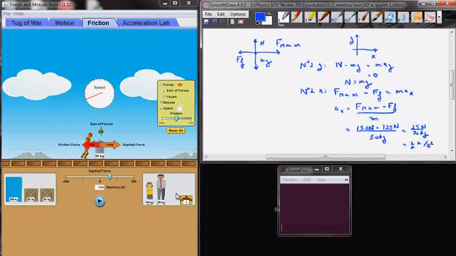Okay, so if I activate this, let's see if the speed scale is the same as what we set it to before. In 10 seconds, the velocity should be 5 meters per second if we have this acceleration.